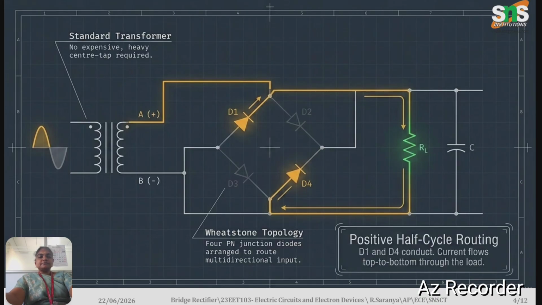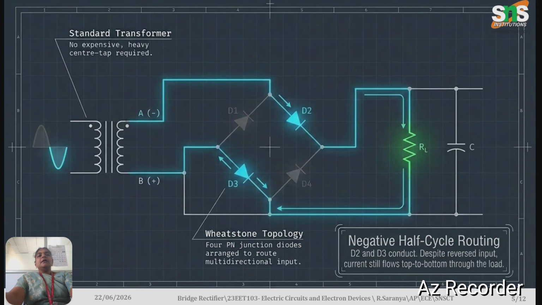Here D3 and D2 will not conduct, they will be reverse biased. In the negative part of the AC cycle, D3 and D2 will be in the conducting phase, and D1 and D4 will be in the non-conducting phase. So D3 and D2 will be forward biased, and the current can be measured across RL.